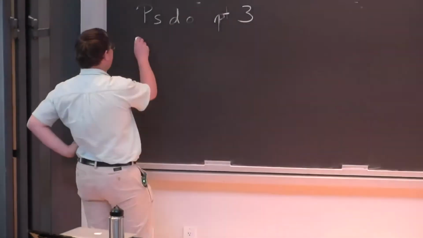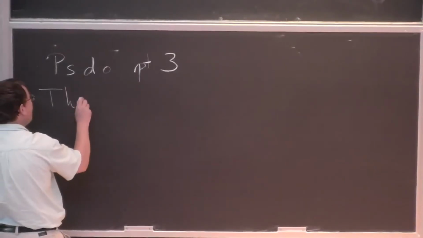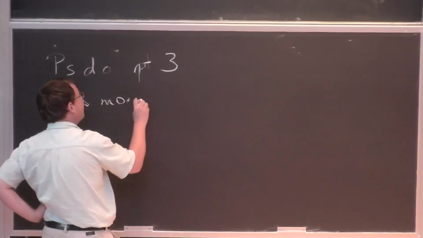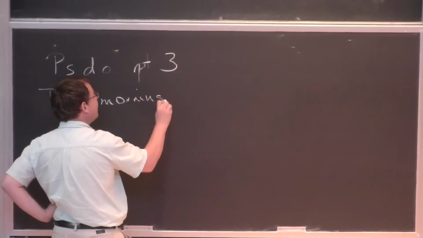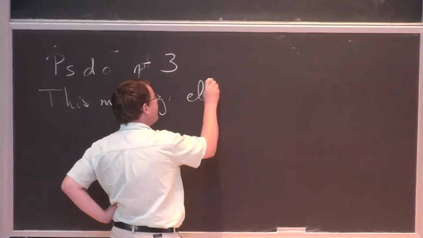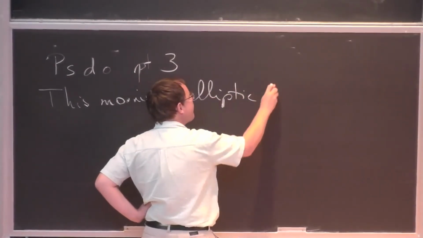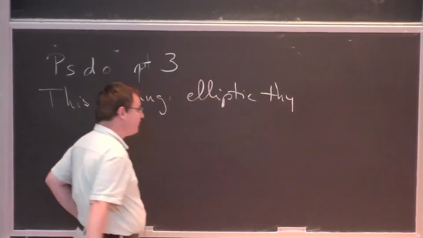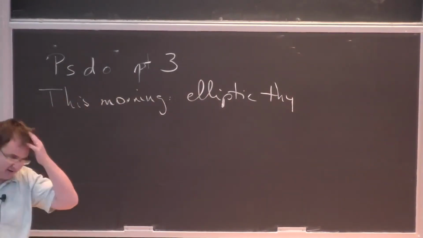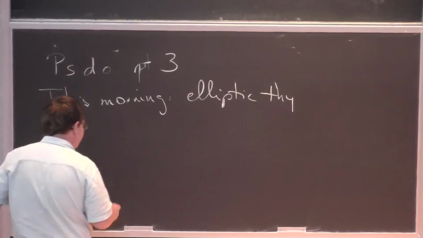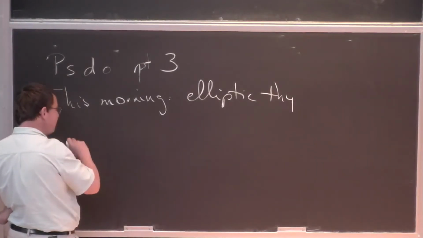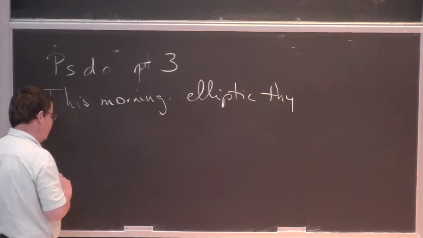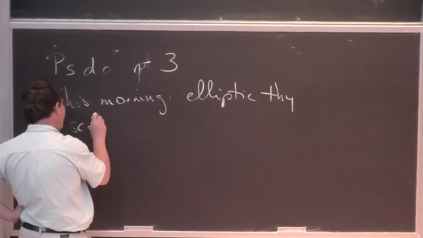Okay, so what Shuwen talked about this morning culminated in elliptic theory. And this came in two varieties. One was the scattering picture.